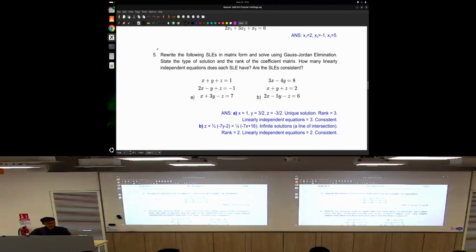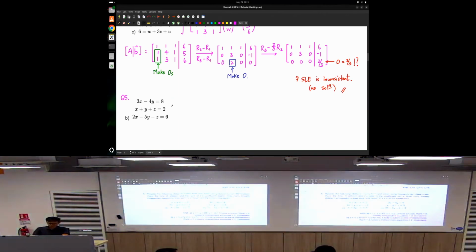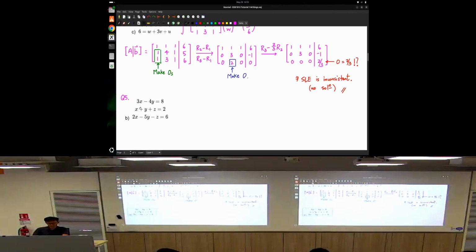Question 5, do I need to do? So question 5, I would like to maybe do a bit of a swap. Why is that so? Because I see that I have a 1, 1, 1 here in the second equation. So I can actually just swap with the first row. If I swap, then I write this in matrix notation.